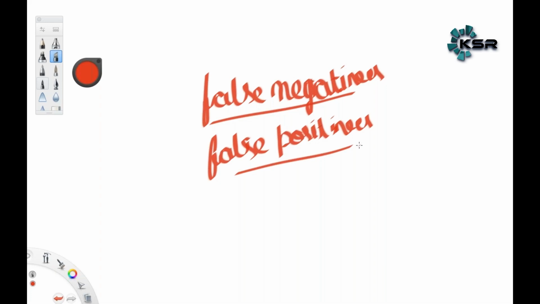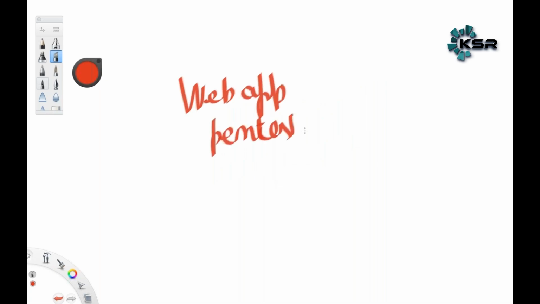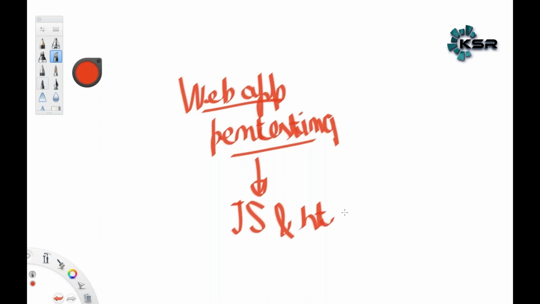So basic coding skills are required, sir? Very basic. Not like Java; JavaScript and HTML. If you don't know about that, I will teach that in the course. When I start with web app pen testing, I will first take up a few classes on basic JS and HTML.